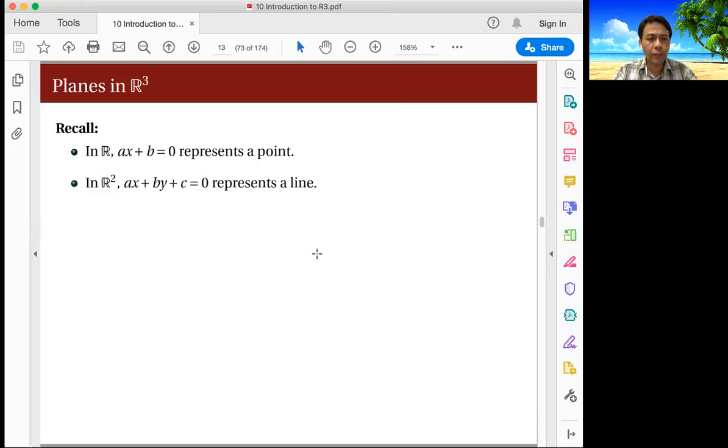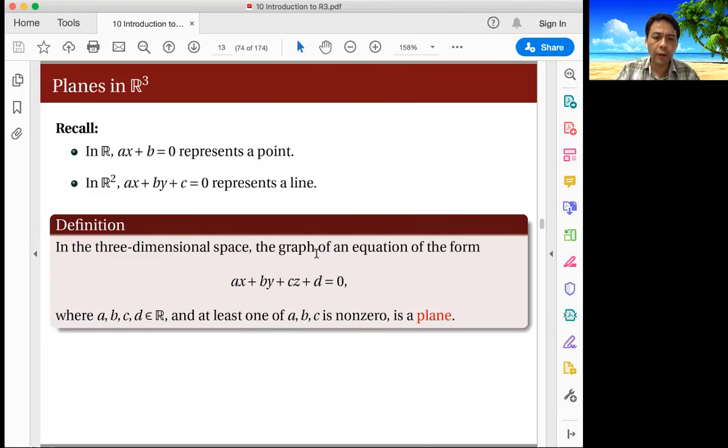So we naturally extend the equation to have the third component cz, and this equation is in fact the equation of a plane, provided that at least one of the coefficients a, b, and c is non-zero. So whenever you see a linear equation with three variables x, y, z, the geometrical representation is not a line, it is a plane.